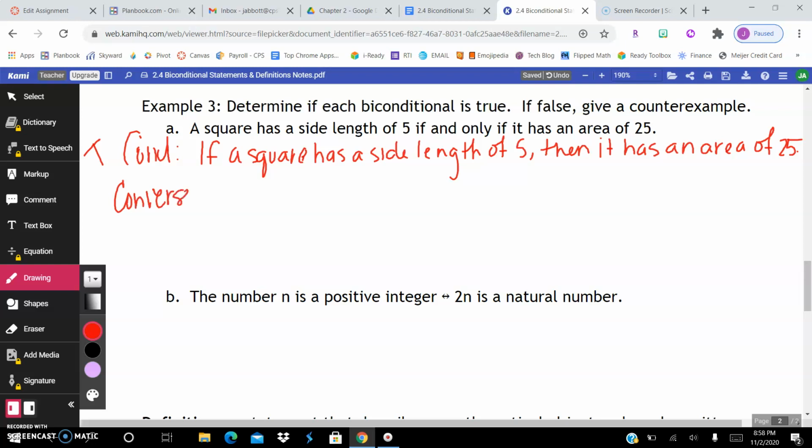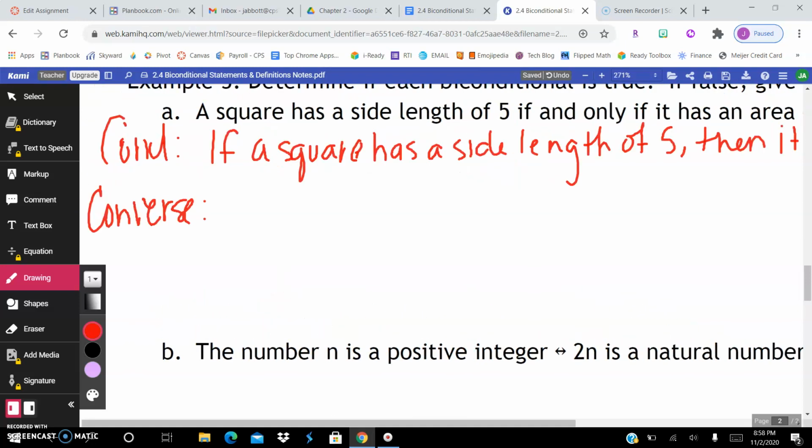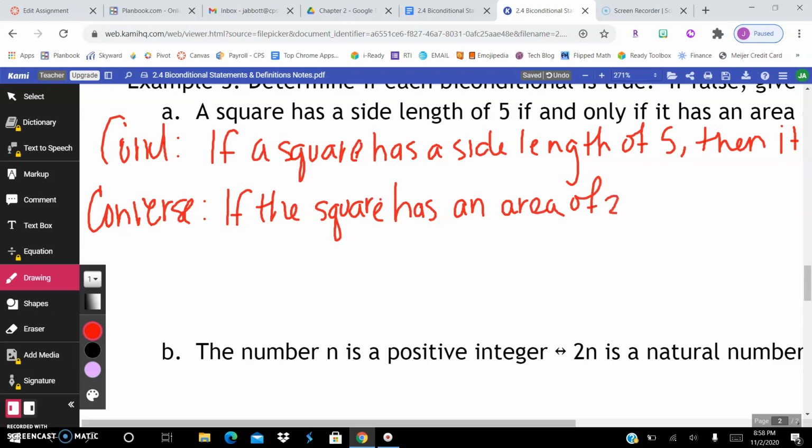So we have to flip. We're going to say if the square has an area of 25, then it has a side length of 5.